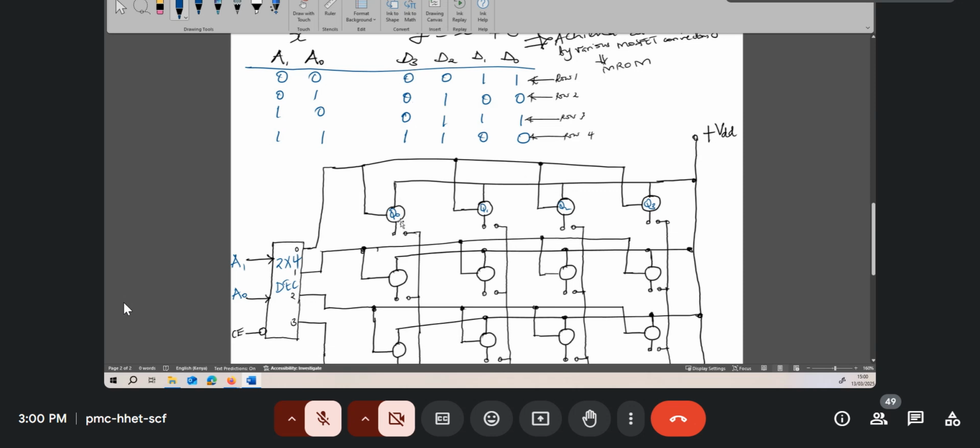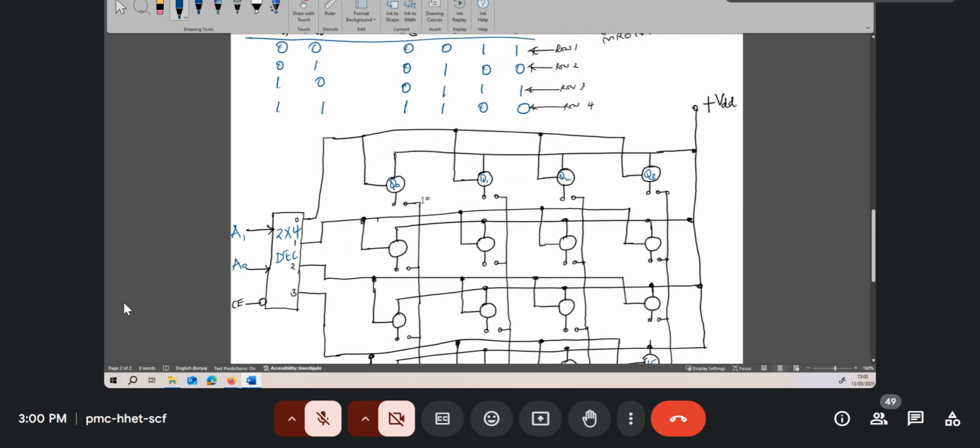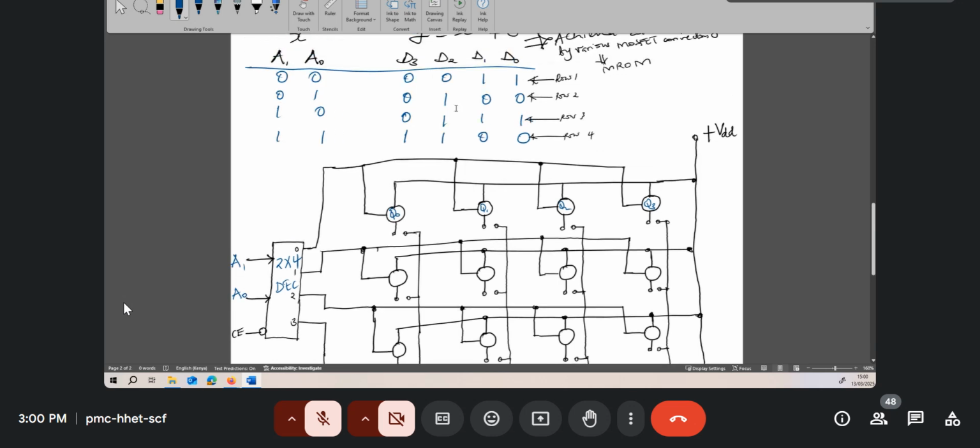How do we do it? What do we do here in this MOSFET Q0 to store a 0? Yes, to store 0, we'll have to leave it open. So we leave it open, that's correct. In D2, we also want to store a 0.